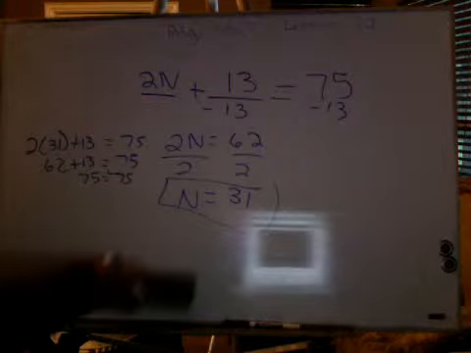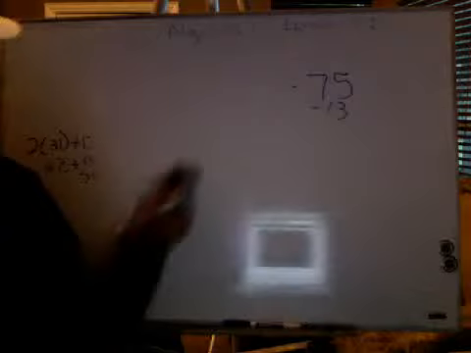Okay? So let's look at example 32.2. It says, find a number such that 13 less than twice the number is 137. So the first part's a little tricky.